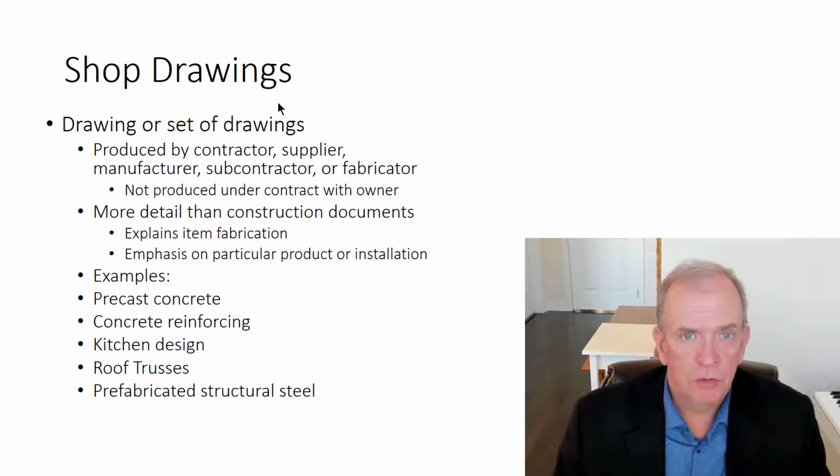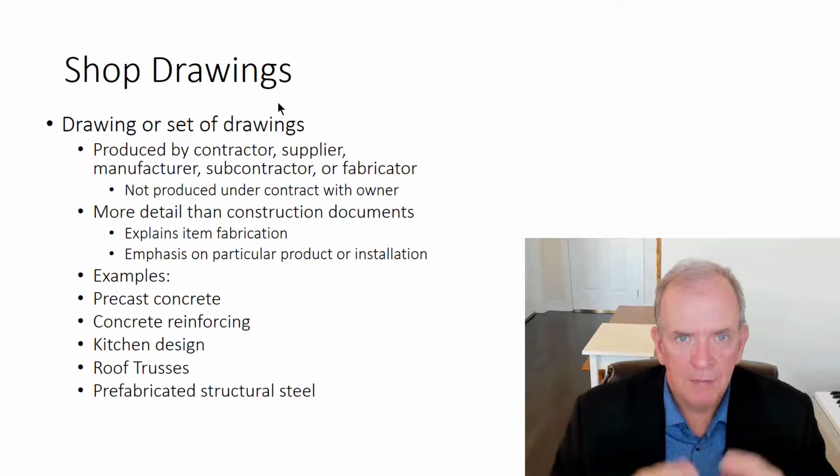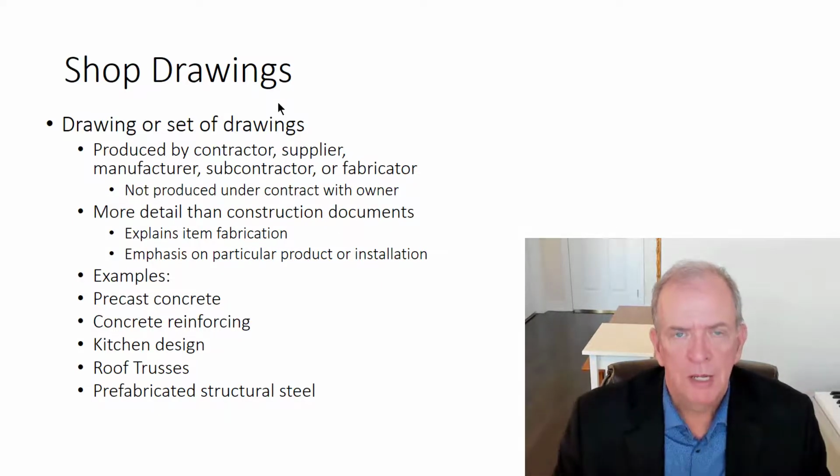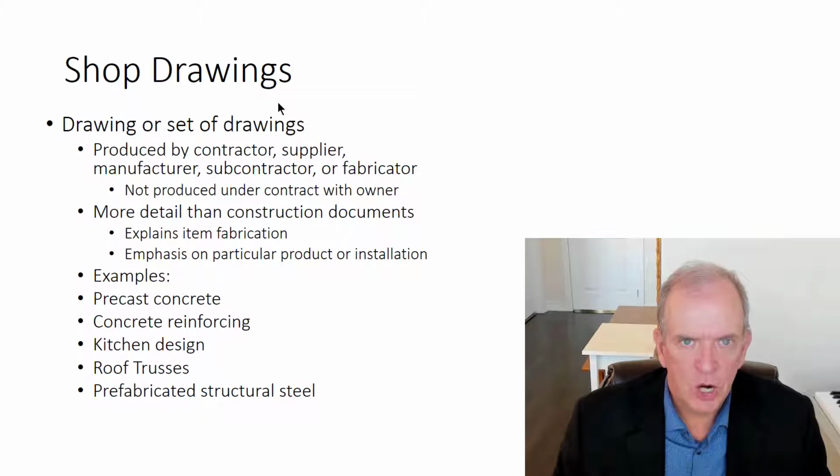The designer shows the kitchen cabinet layout in the floor plans, but when you actually go to buy the cabinets, there's a lot more detail that's required. Where are you putting the drawer banks? Which ways are the doors going to open? Exact sizing of the cabinets that are going to fit in that location has to be verified before they go into production. Those kinds of aspects are done in the shop drawings.